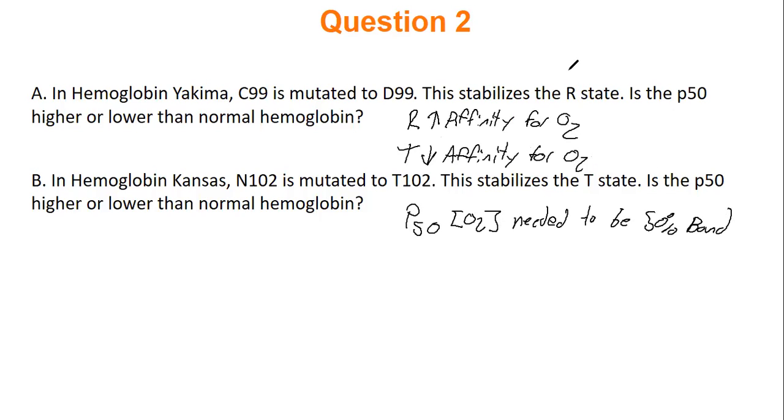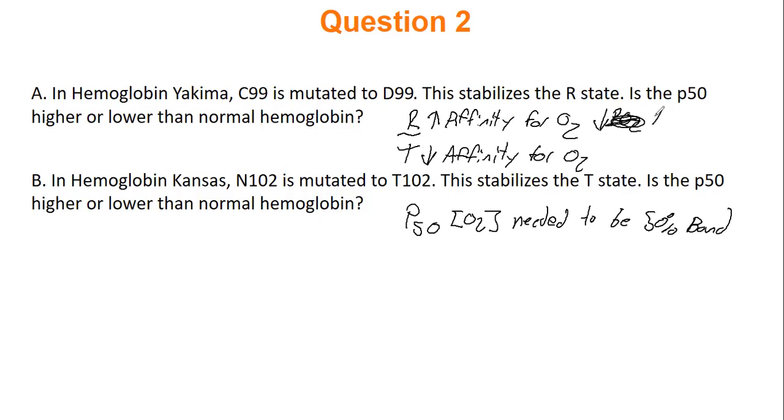All right. So if I have a mutation that stabilizes the R state, that means I'm always in the R state, and my affinity for O2 increases, P50 is decreased, right?